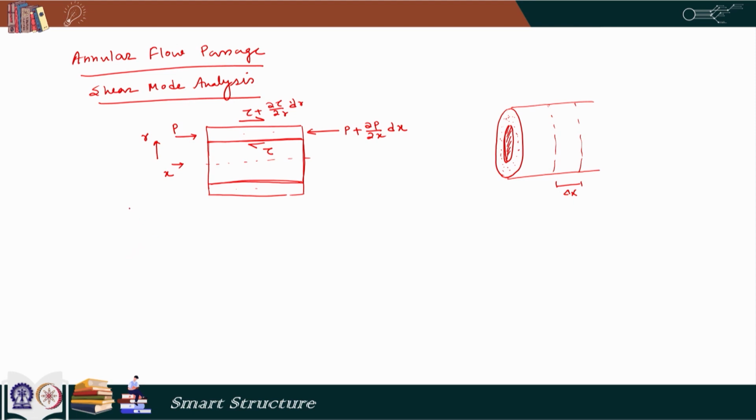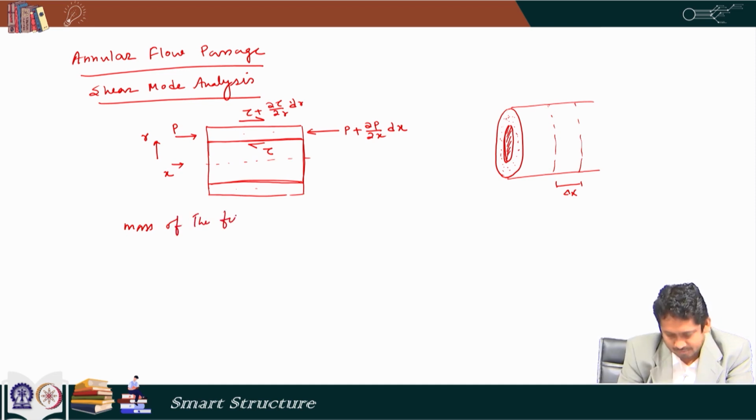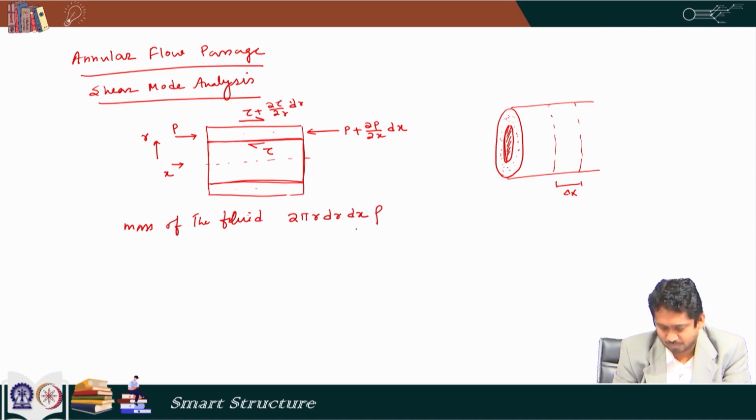Now here we need to find out the mass of the fluid element. So the mass of the fluid here is 2 pi r dr dx rho, where rho is the fluid density. Now 2 pi r dr dx.